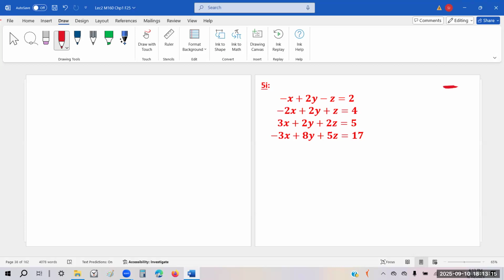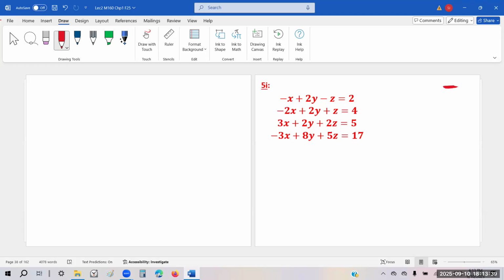So instead of using row one, which other row can you use? Row two. So what's up next?